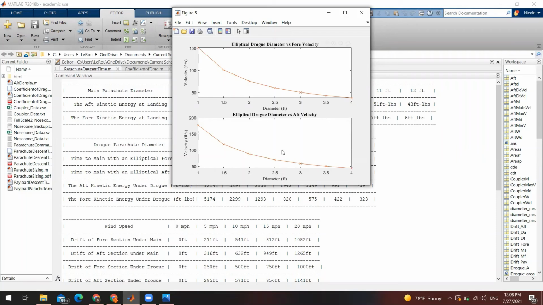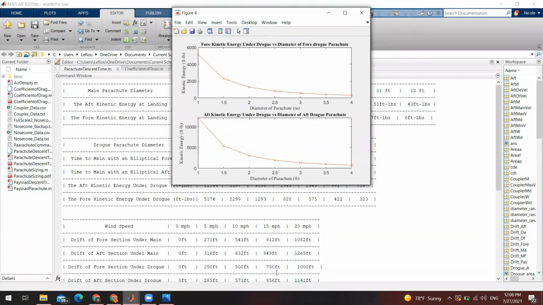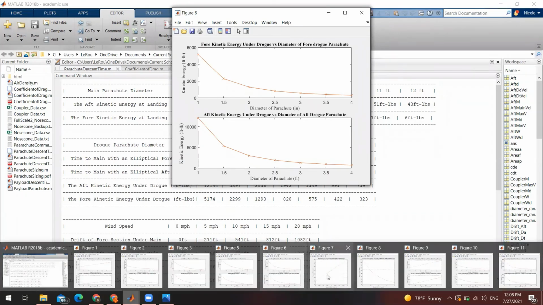And you see there's really not that much of a difference between the two of those. And then the 4 kinetic energy under drogue versus the diameter of the drogue chutes. So that's just what the kinetic energy is under just the drogue parachute, which you can tell is very, very high, but that's because the main hasn't deployed yet.